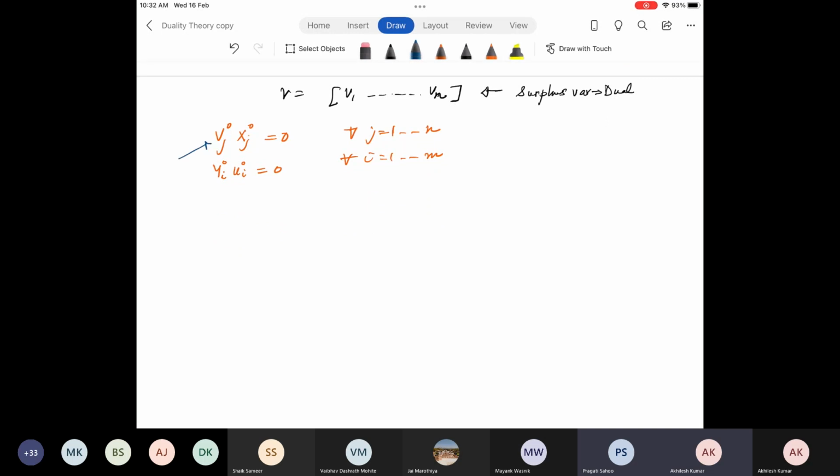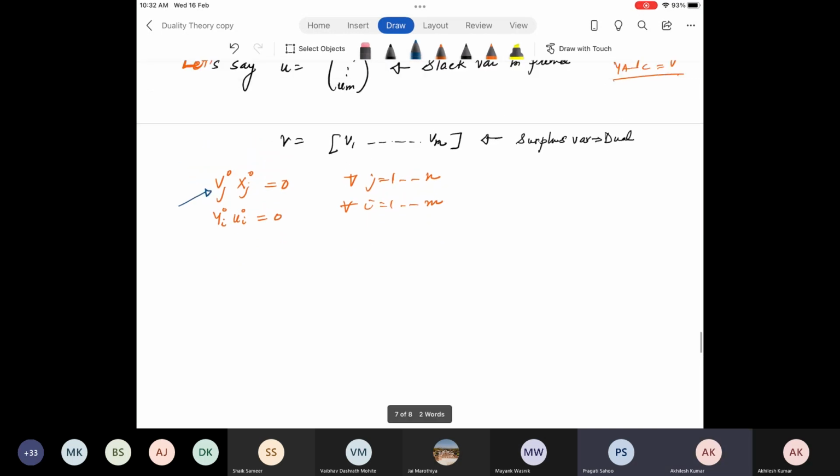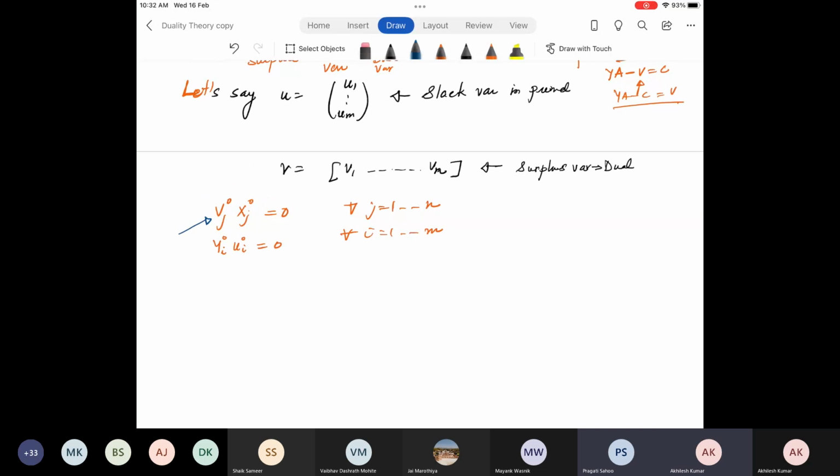What is Vj? Dual surplus. What is Xj? Primal variable. If I'm saying two variables are getting multiplied and equal to 0, what does it tell you? One of them is 0.